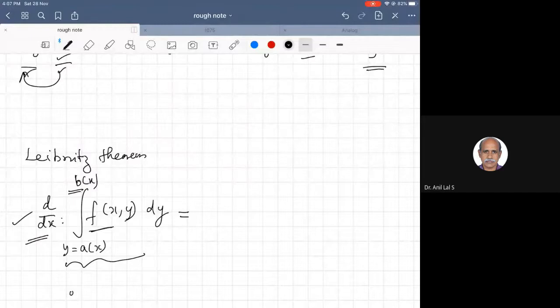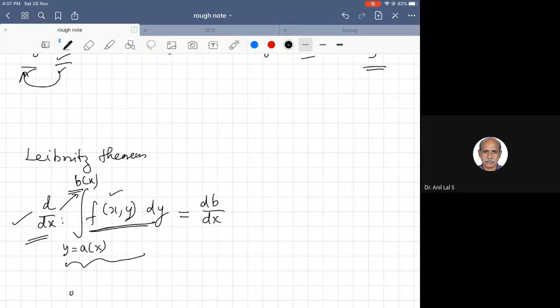First we do the differentiation on the limits, d by dx. And d by dx of the integral, without limit, of a function of x, y dy.